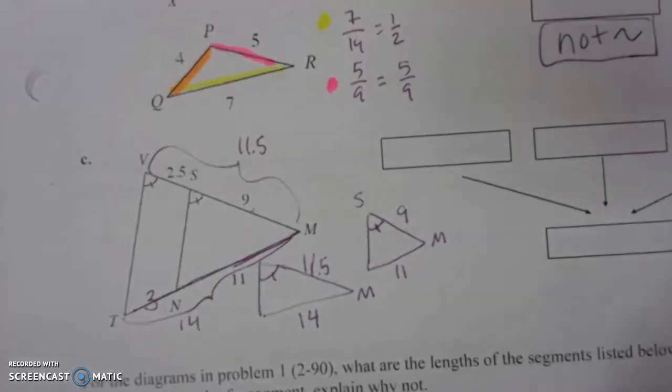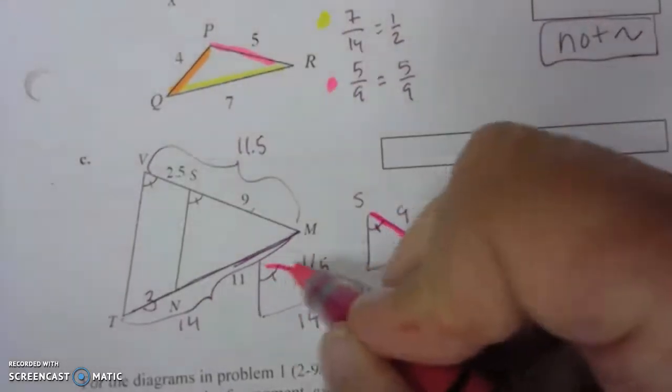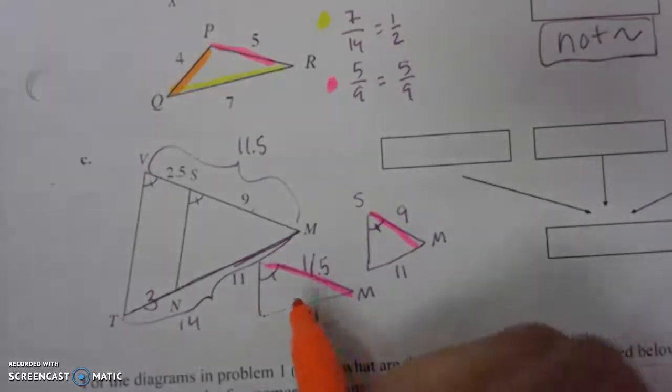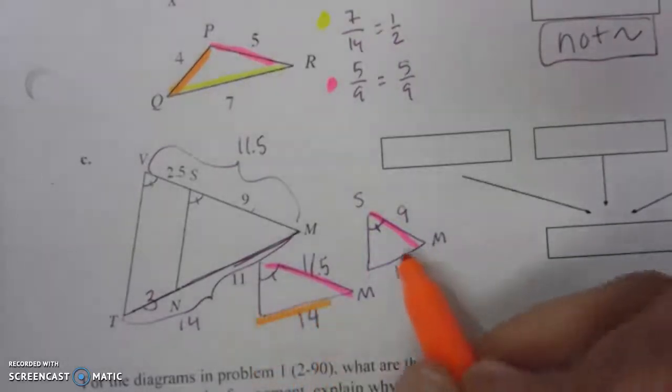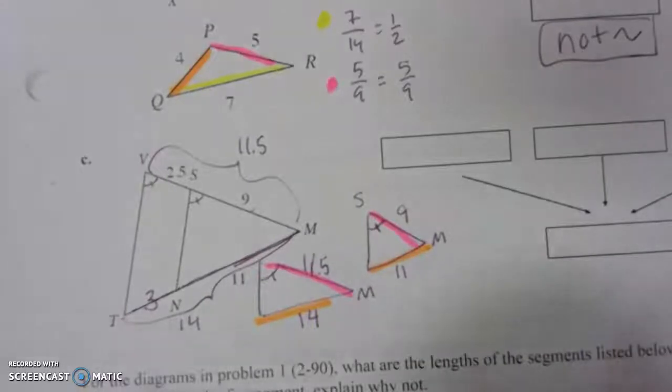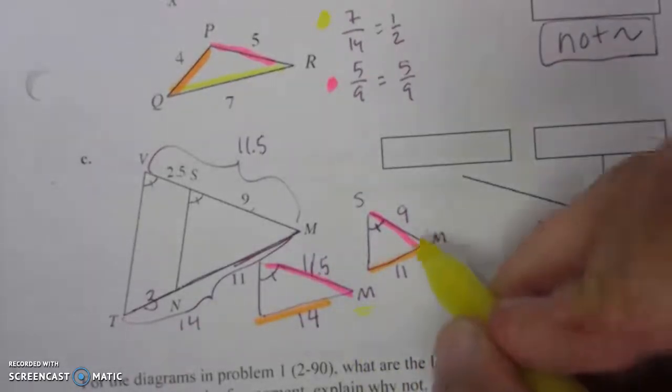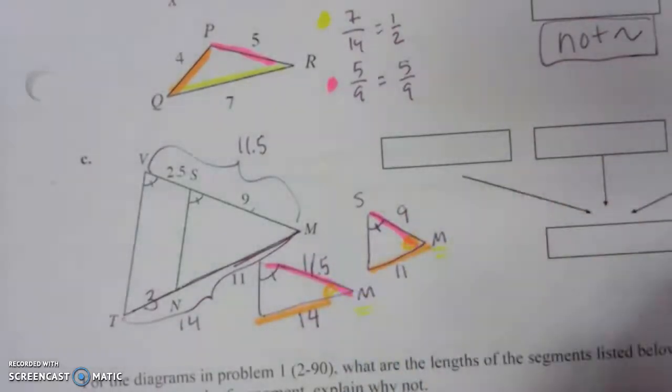So now I can compare my sides. I have the small side, the 9 and the 11.5, and I have the large side right here. And then do you see what I see about the angle measurements? Check out the angle. This is M and this is M, so my angle is the same. So at least my angle is going to be the same, right?